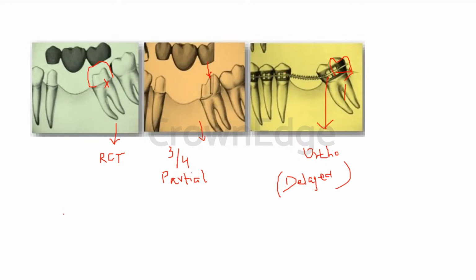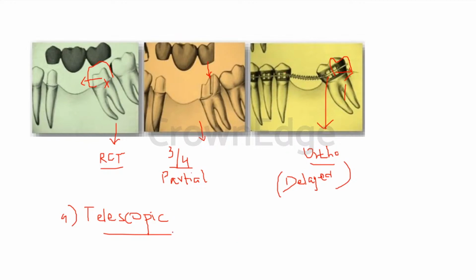The fourth option is the use of something called a telescopic crown. All these are only if your distal abutment has drifted into the mesial space. You have to do all this: either go for RCT, go for a partial veneer crown, go for ortho treatment, or go for a telescopic crown.